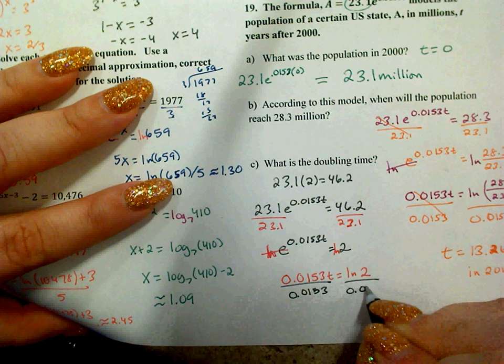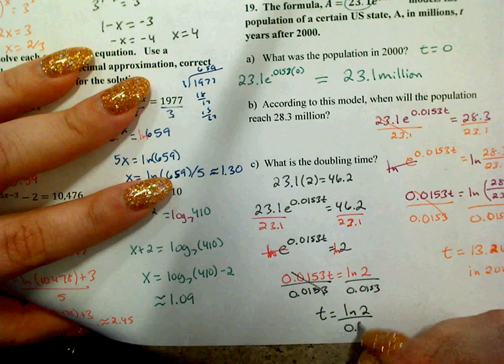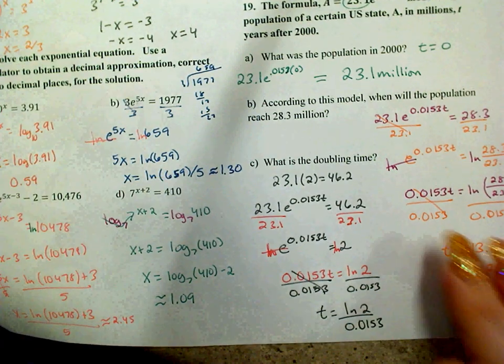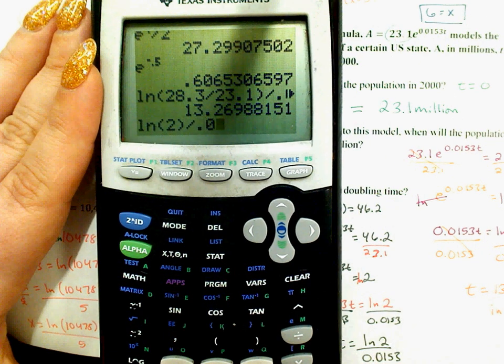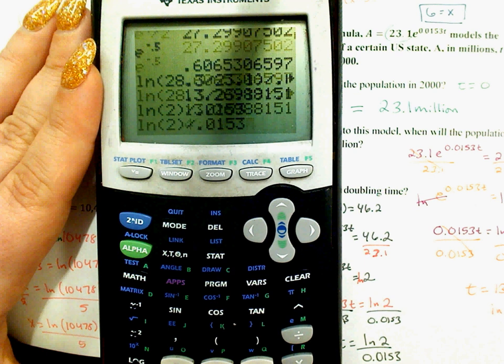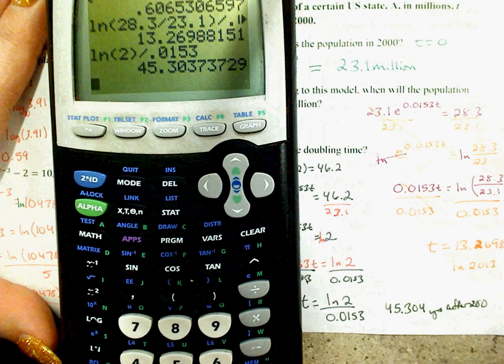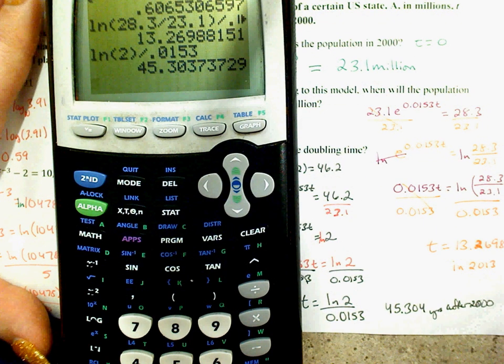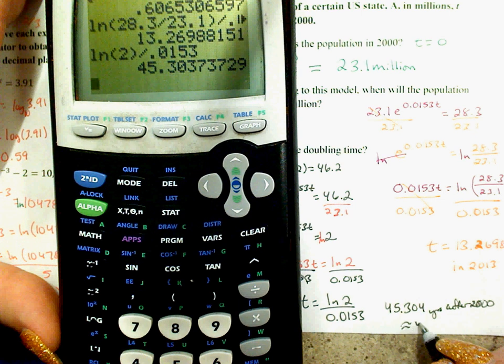And t equals the natural log of 2 divided by 0.0153, which is approximately 45.304 years after 2000. So they're asking how many years? Okay, so approximately 45 years. And that's the review.